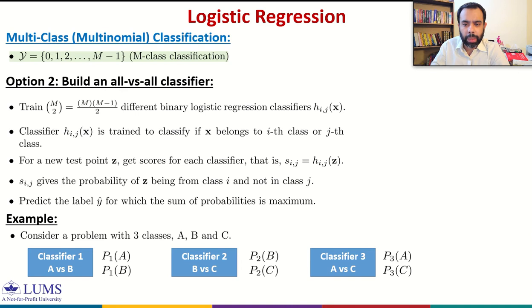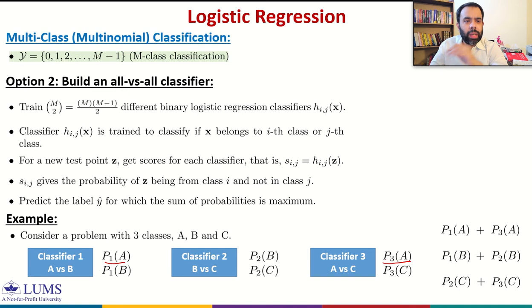Once we have these probabilities, we sum them. For example, we sum P1A and P3A, which gives us the score for the label being of class A. Similarly, we sum P1B and P2B, and P2C and P3C. So we have a sum of probabilities, and we select the label for which the sum is maximum.